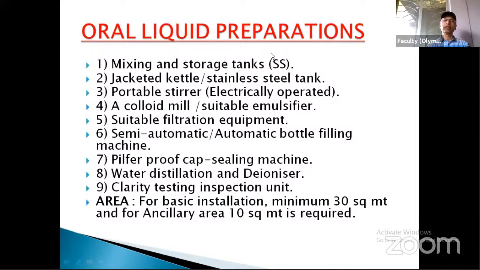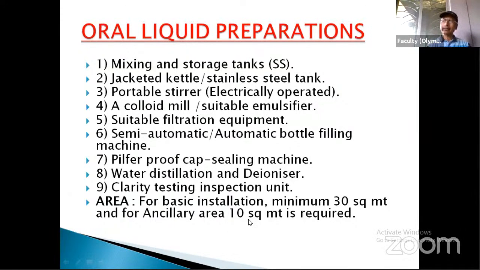So these are the equipment: mixing and storage tank, jacketed kettle of stainless steel, portable stirrer, colloid mill, suitable filtration equipment or filtration unit, bottle filling machine, cap sealing machine, DM water distillation plant, and clarity testing unit. Area for your oral liquid, how much area is required?